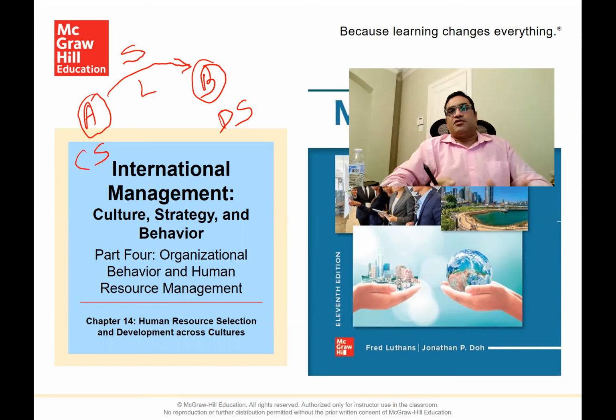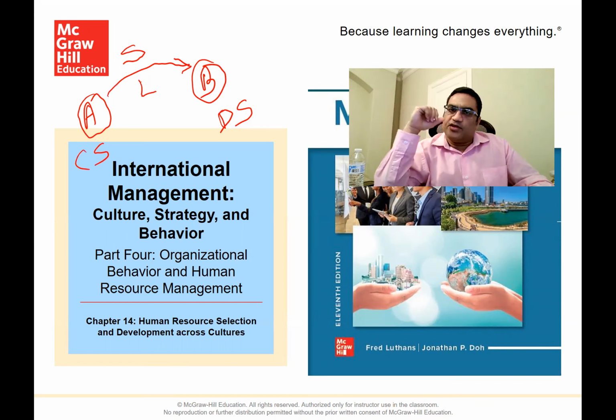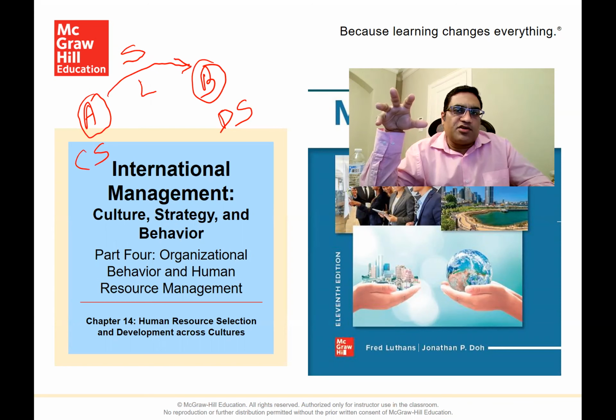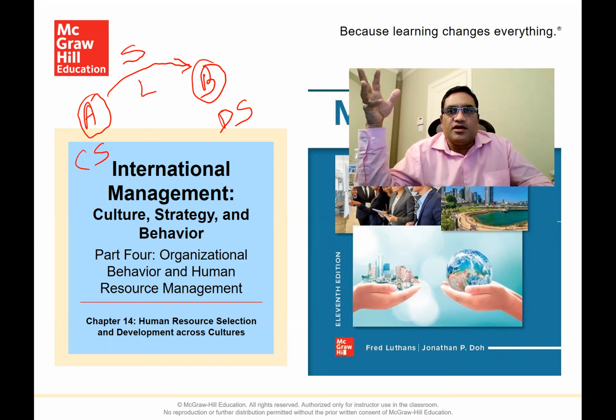Now this chapter doesn't talk too much about this, but I want you to keep this in mind. The chapter does talk about the international assignment, and there are various surveys on it. Meaning you take a person from, let's say, the US, and you have your subsidiary or factories or branch offices in, let's say, China.